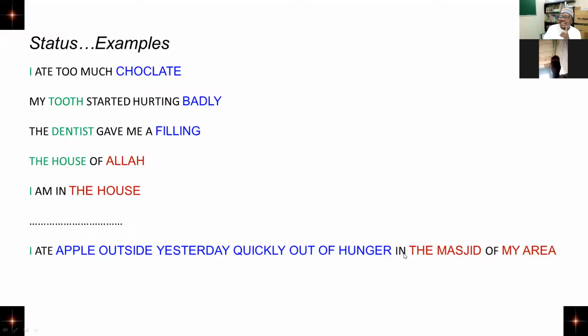Mashallah. What about the last word here? Of my area. So my area, it's in what status and why? Oh, mashallah. Very good.